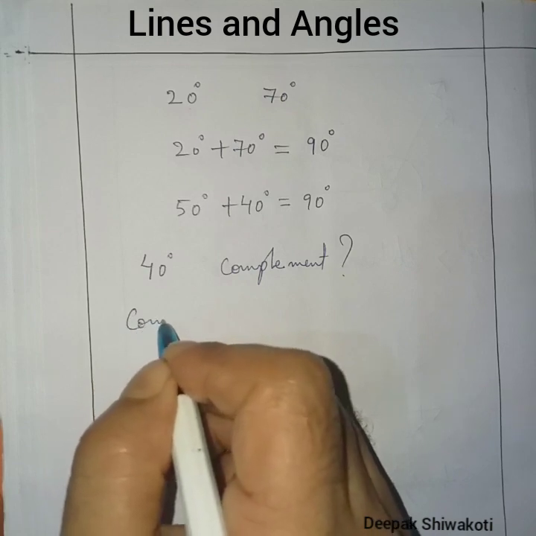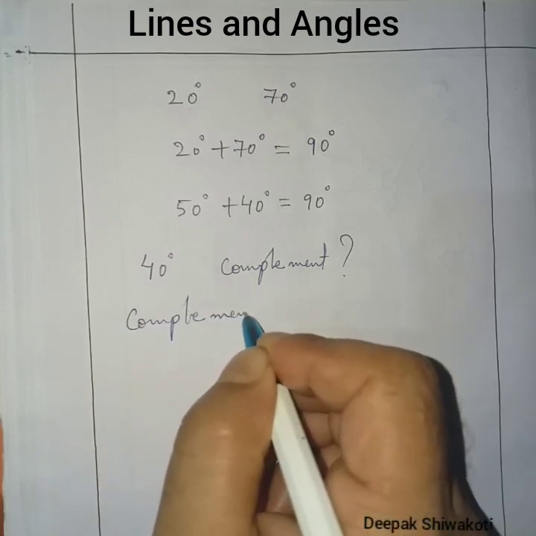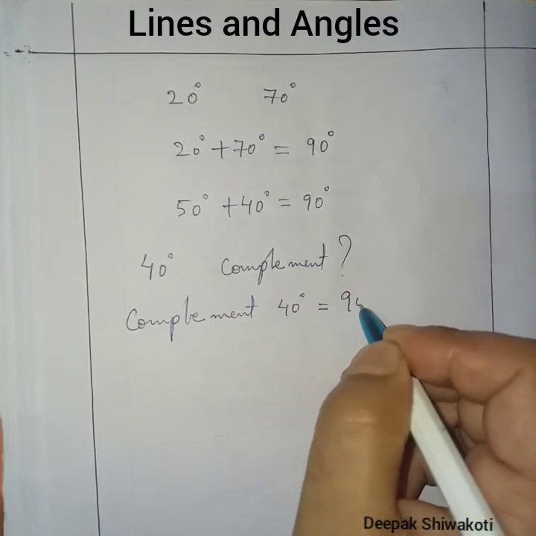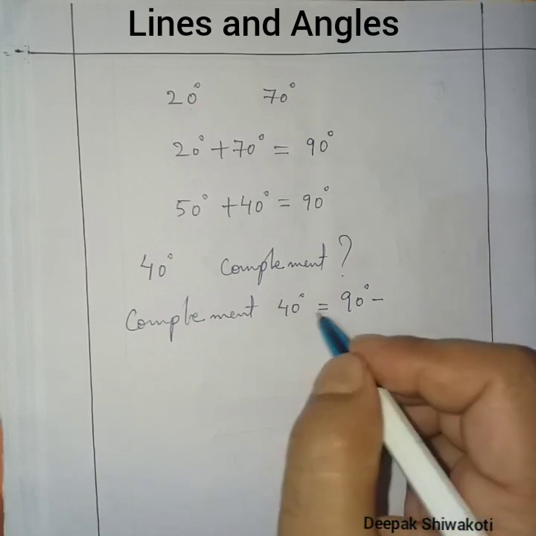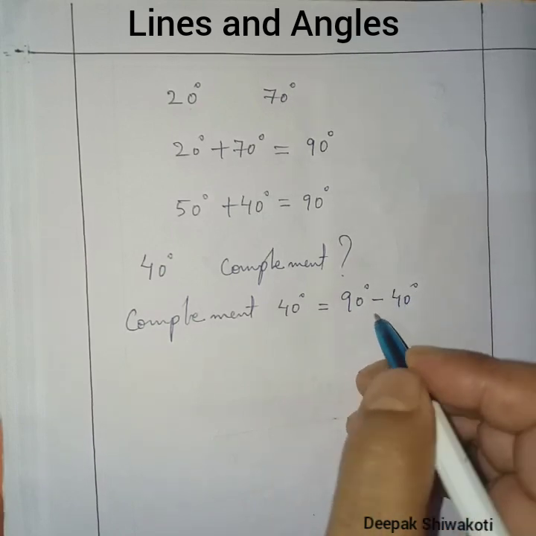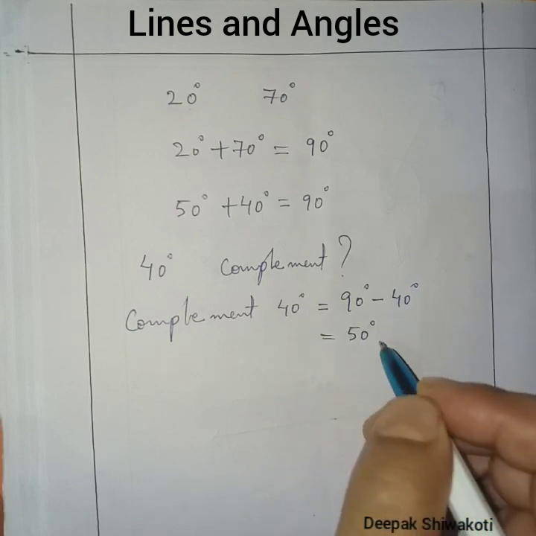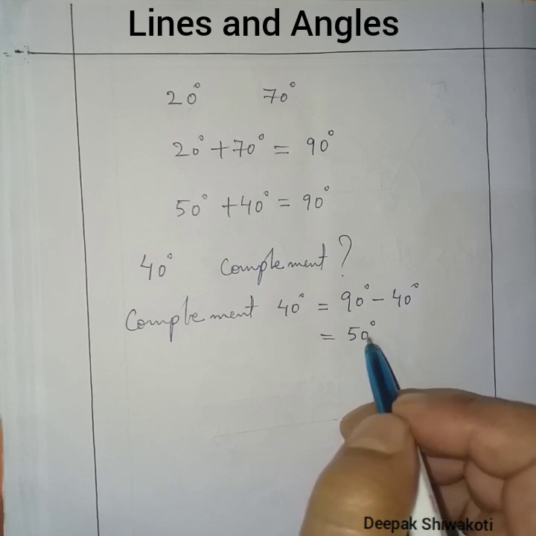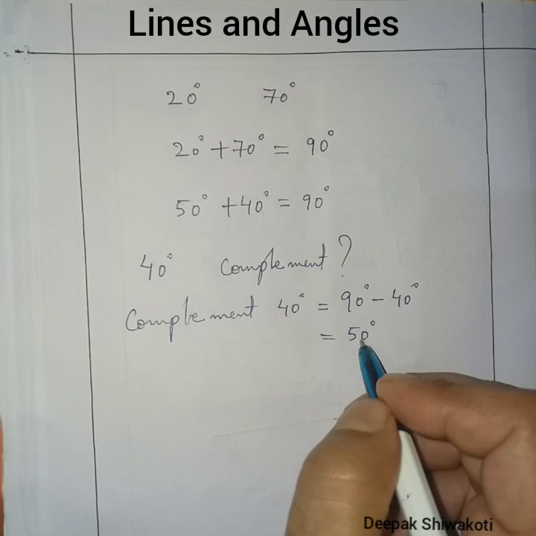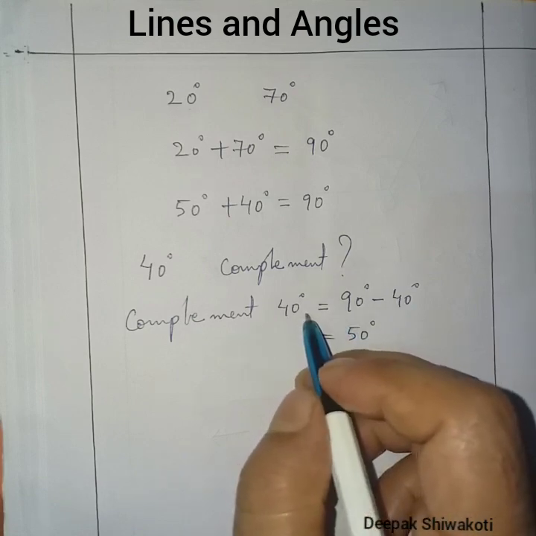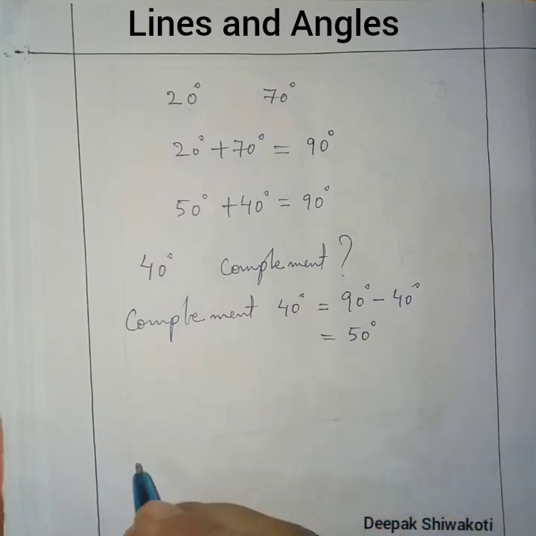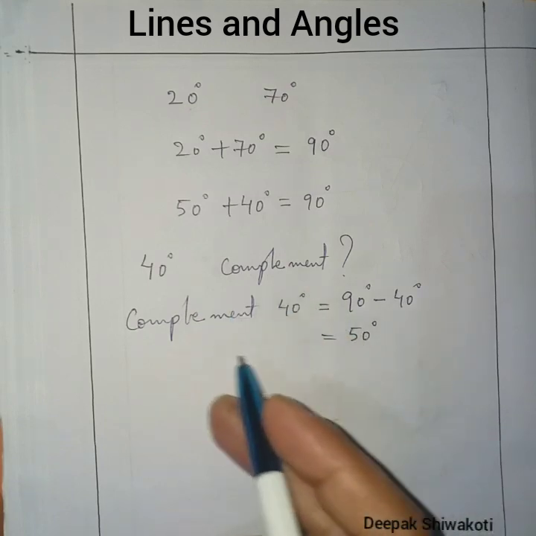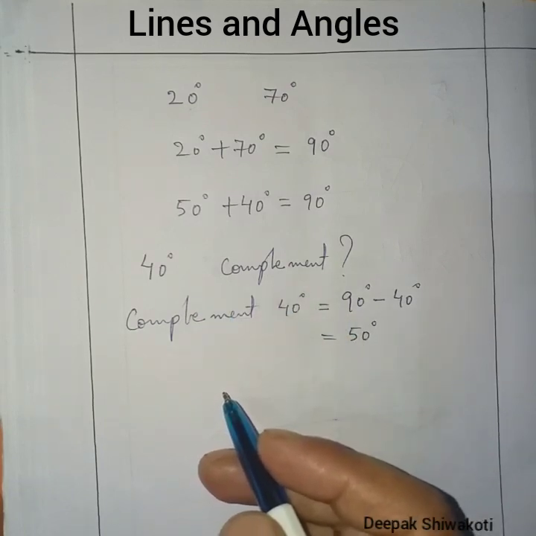So complement of any angle, here 40 degree, will be equal to 90 degree minus that given angle, here is 40 degree. So 90 minus 40 will be how much? 50 degree. So the complement of 40 degree is 50 degree, isn't it? And similarly the complement of 50 degree is 40 degree. So here is the complement of 40 degree, and we have understood complementary angles with this example.